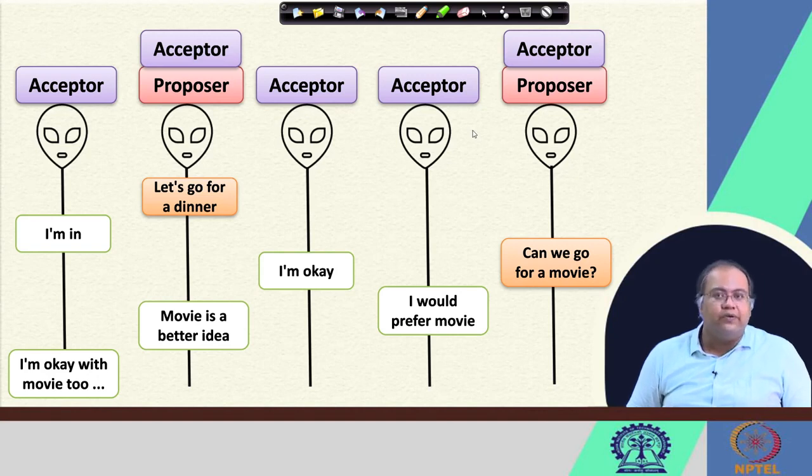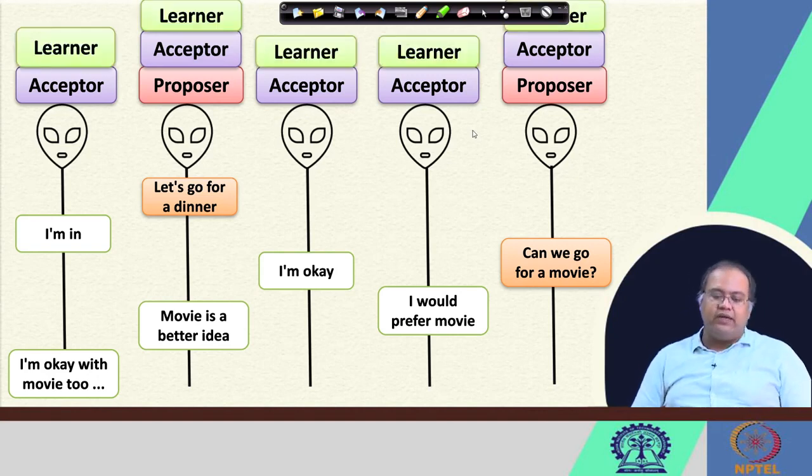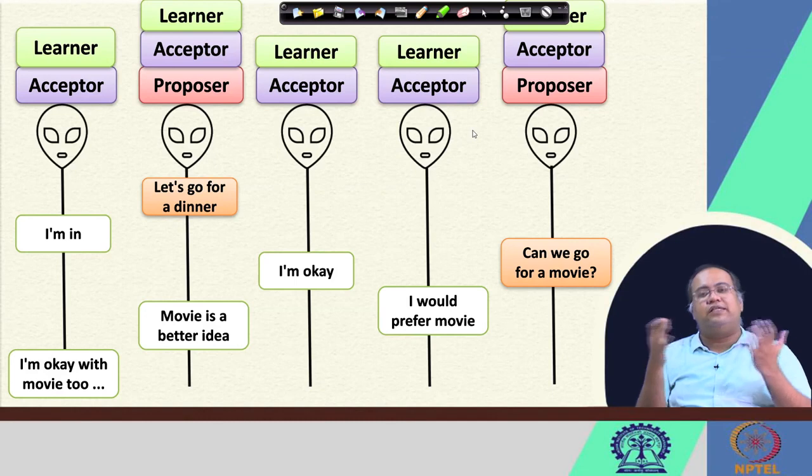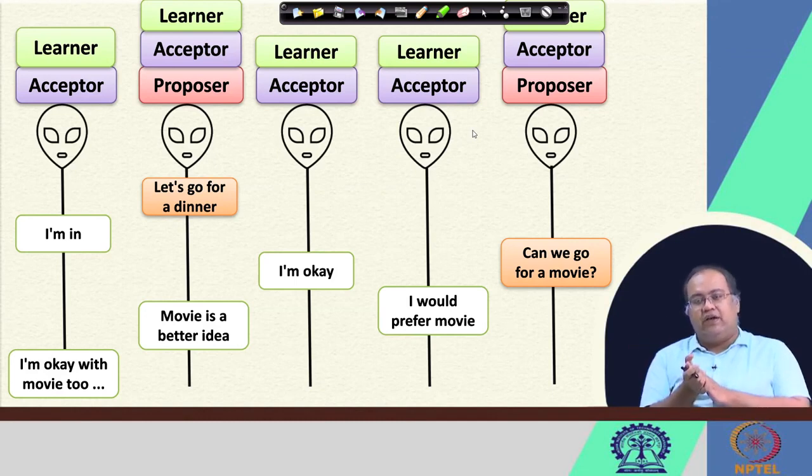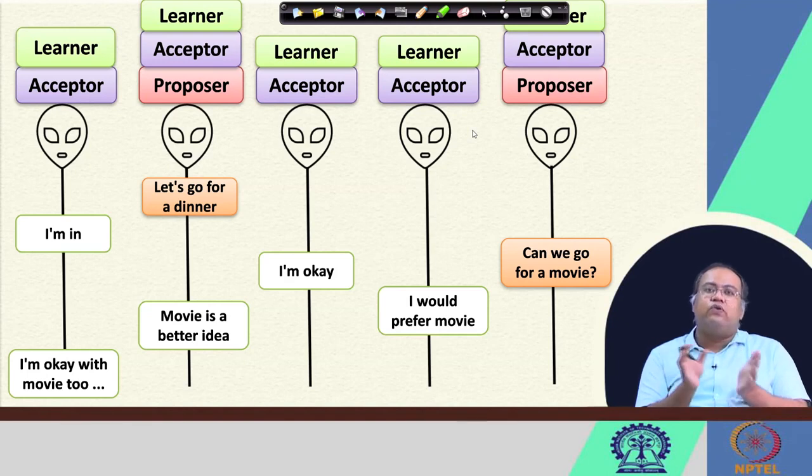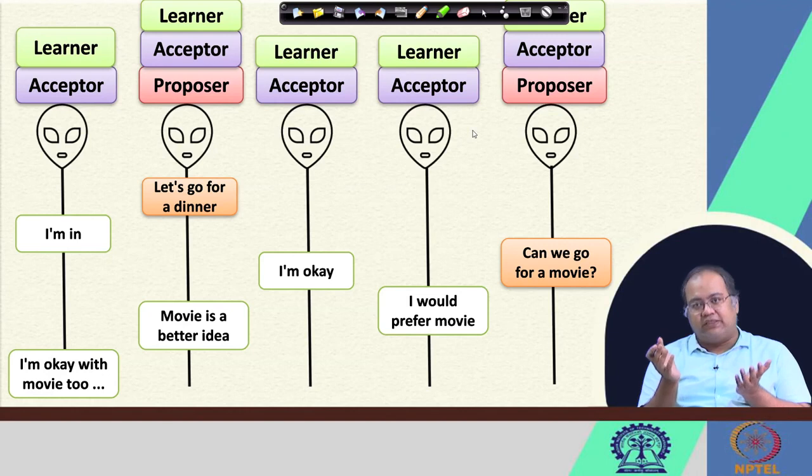There is a third role, which we call the learner. So, what is a learner? A learner basically means that whenever you reach a consensus, these learner nodes are going to learn what the value at consensus is. For example, ultimately you agreed to go for a movie. So, movie is something that you have agreed upon at consensus.